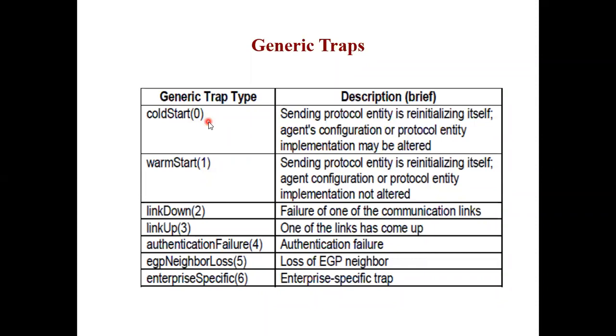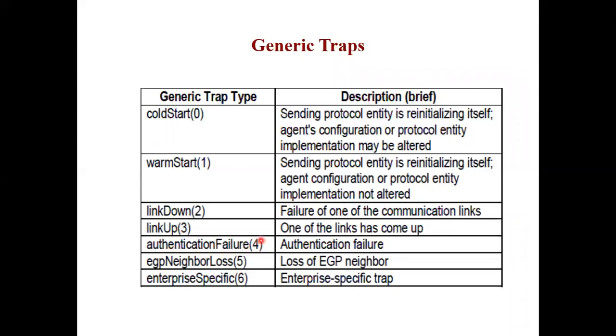See, when I am generating the PDU, the data unit, I have to fill in the data. If I know that there are 5 messages, among them I am using the trap. I am sending a trap command or a trap message, and in the trap also I now have these 7 types of generic trap. So whether I want to indicate that link down has happened, or link up, or authentication failure, I will not type in this whole name.